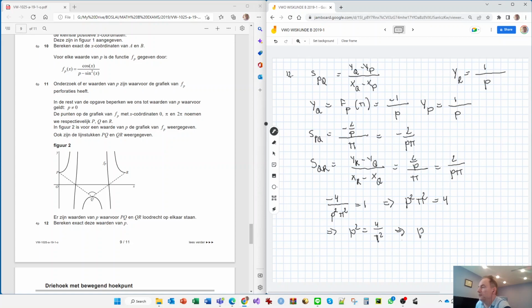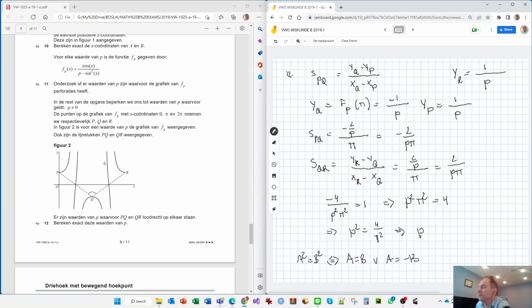That means, remember, as part of the basic skills, if a squared is equal to b squared, it works in both ways: a is b or a is minus b.